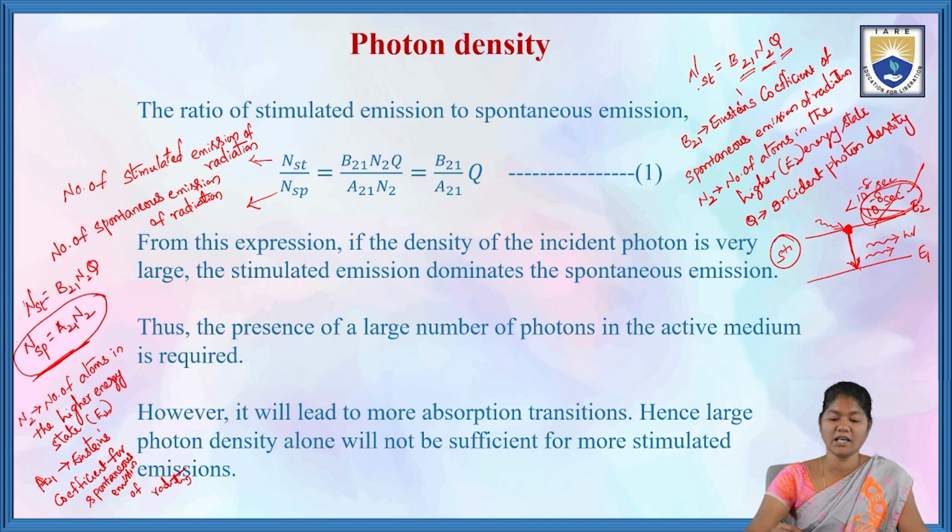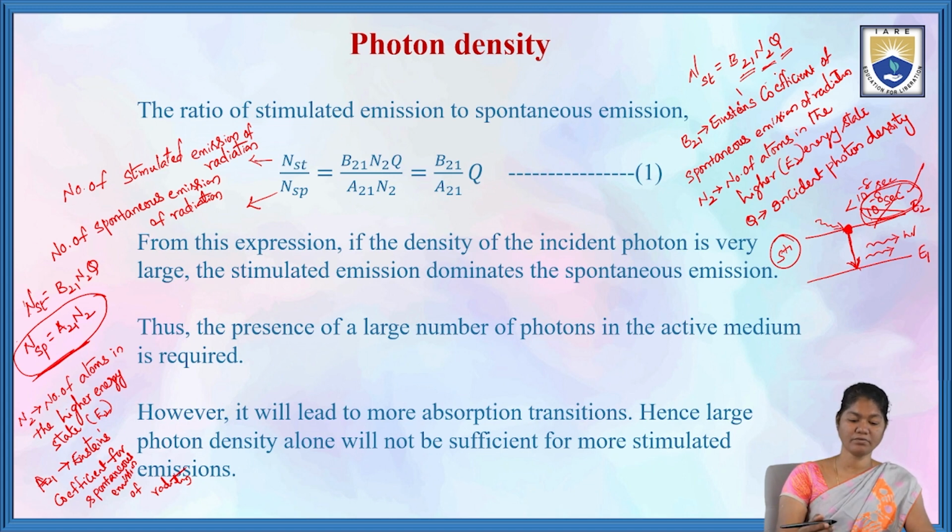So the number of stimulated emissions is equal to B21 into N2 into Q. Taking the ratio of stimulated emission to spontaneous emission, NST by NSP is equal to B21 Q by A21 Q, where N2 gets cancelled.